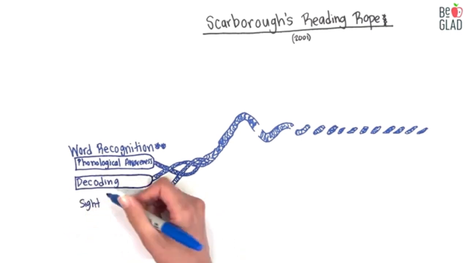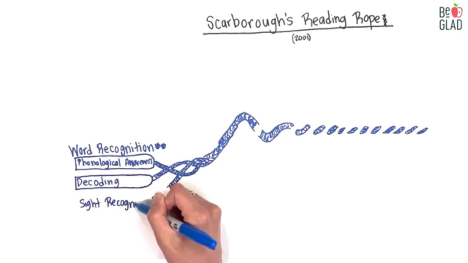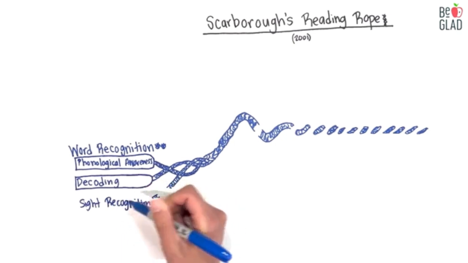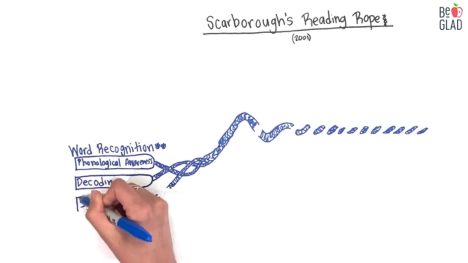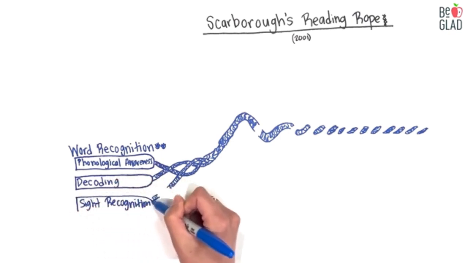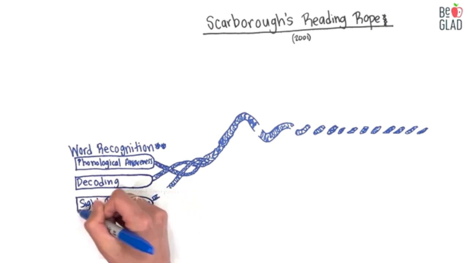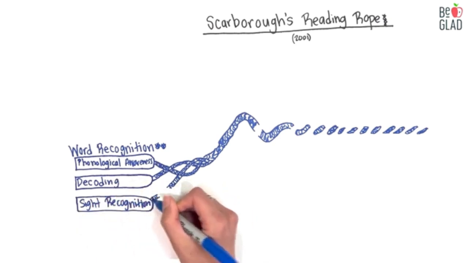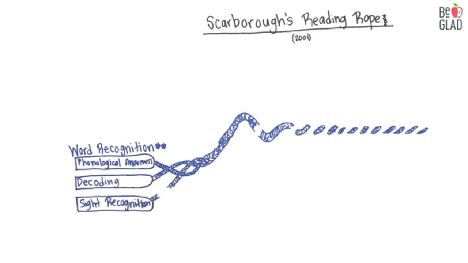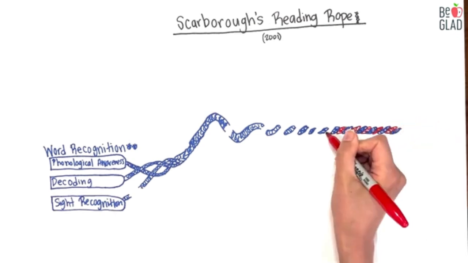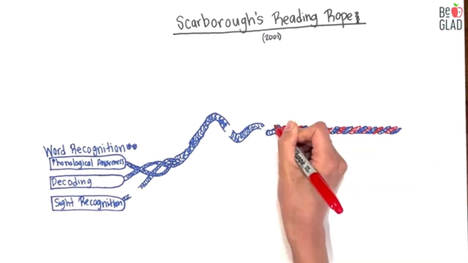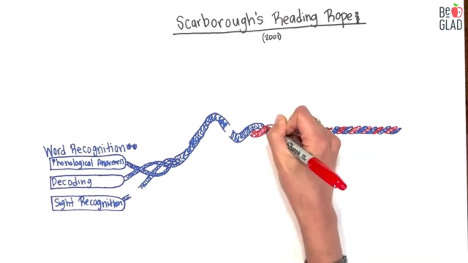We also teach students high-frequency words that are irregular in nature, words whose sound spelling patterns don't match the rules. Some of those words are very simple, like the, and some are more complex, like foreign. Those words don't follow the sound spelling pattern rules, so we have to teach students those words specifically and explicitly so that they can recognize them when they're reading.